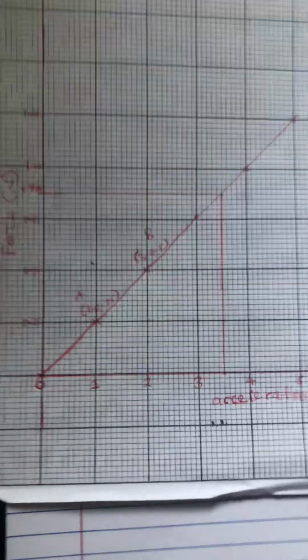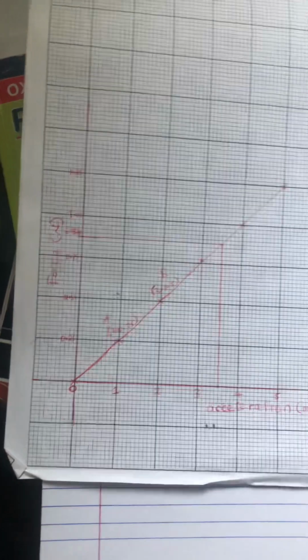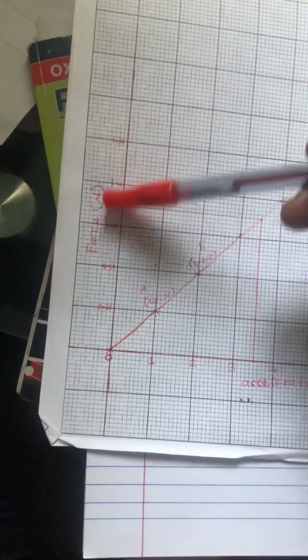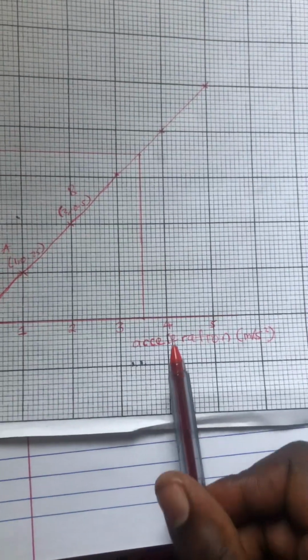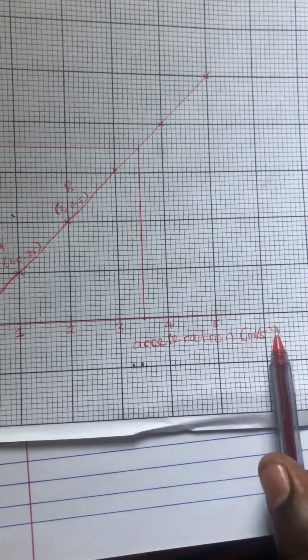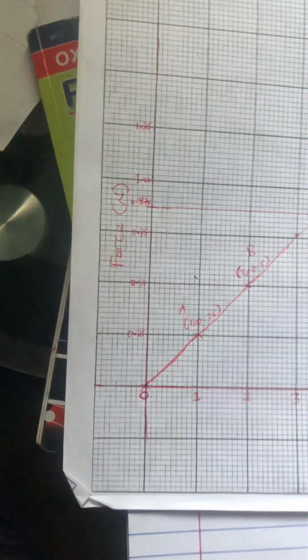So after doing this, let me show it, the whole part of it. After just, without this thing that I have drawn here, just writing these numbers here and these numbers, and also indicating that this is acceleration, meters per second squared, and this is force in newtons, in a pencil.